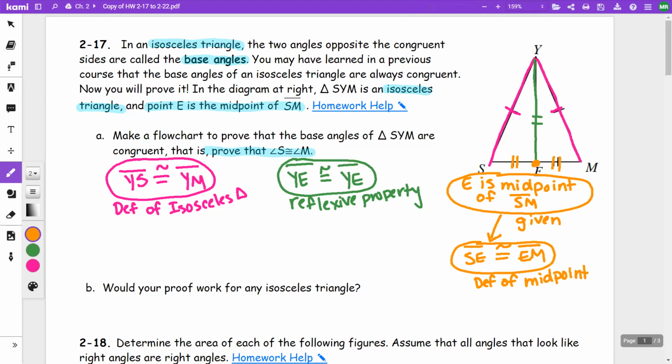Now I have these three sides, so I can draw an arrow from this statement, and then from this statement, stating that triangle SYE is congruent to triangle MYE.